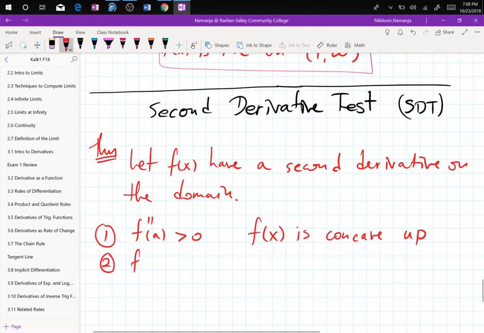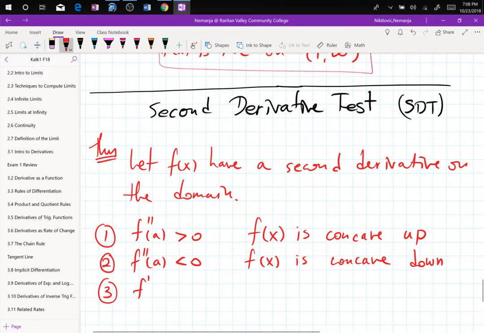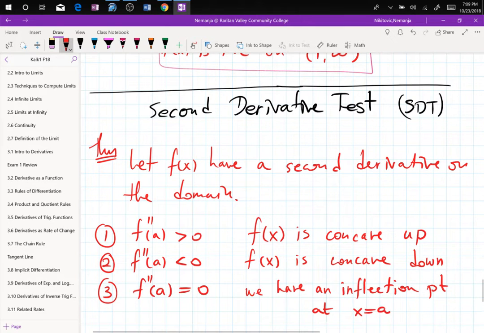Number 2, if the second derivative at a is less than 0, f of x is concave down. Number 3, if the second derivative of f at a is equal to 0, we have an inflection point at x equals a.